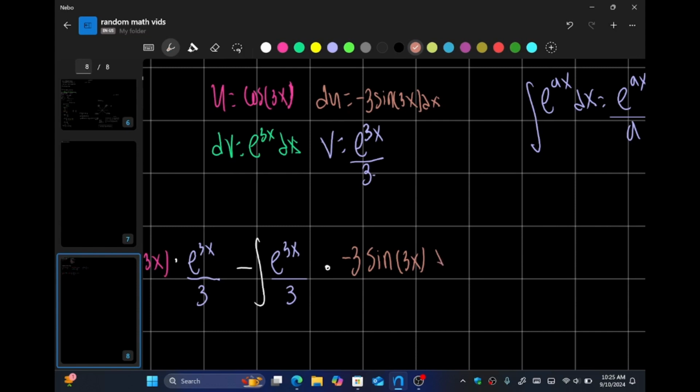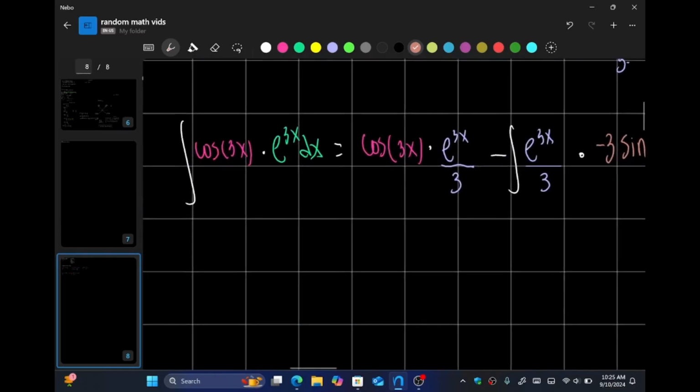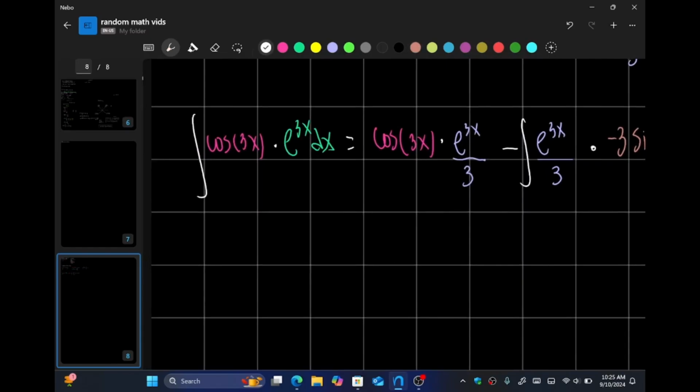Negative 3 sine of 3x dx. Not over 3. I don't know if I said over 3, but this is how it would be. Now let's go ahead and just rewrite it.